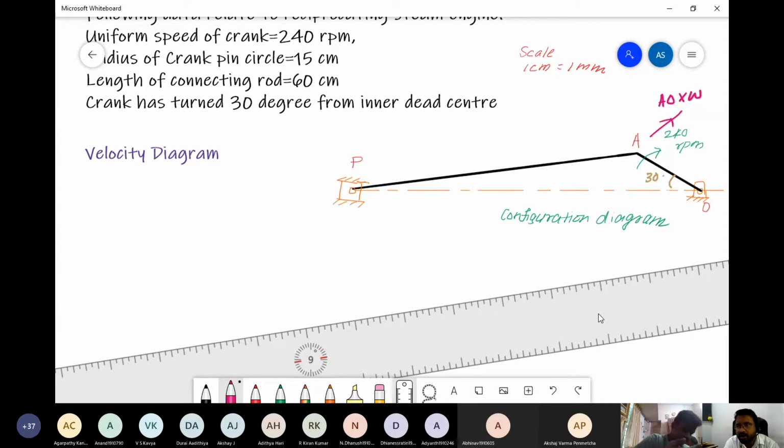So we have to find out omega and AO first. Someone can find out and tell me the values of these. The magnitude of OA, which is what we are going to draw, will be.